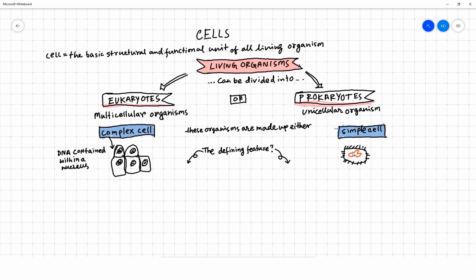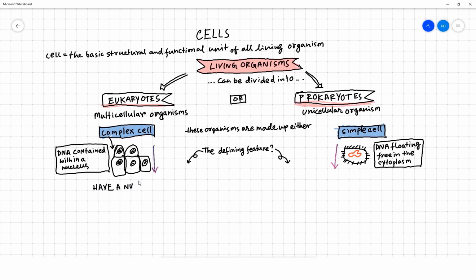In the simple cell, the DNA is floating freely in the cytoplasm. So there are two divisions: cells that have a nucleus and cells with no nucleus. These are the two basic differences you should remember.